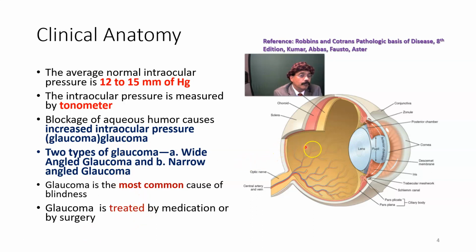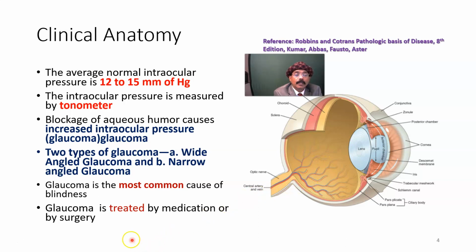Complication due to glaucoma is very clear cut like this. Due to increased intraocular pressure, there will be pressure on the optic disc area, pressure on the blood vessels supplying the retina, so there will be retinal damage eventually due to back pressure.